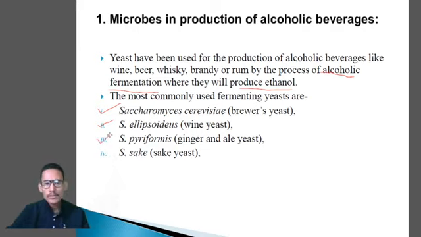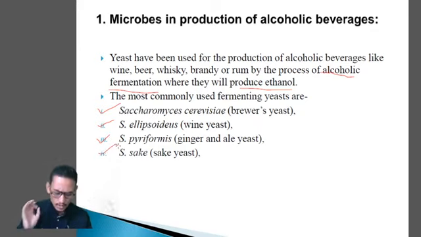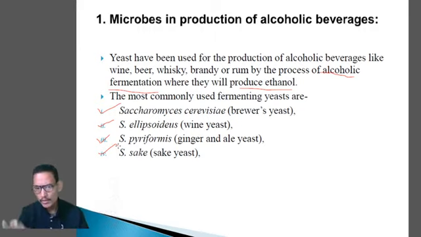Saccharomyces pyriformis, known as ginger ale yeast. And Saccharomyces sake, known as sake yeast. So these are the names of a few yeasts which are used in the production of alcoholic beverages. This is very important. You have to remember the names of these yeasts along with the common names.